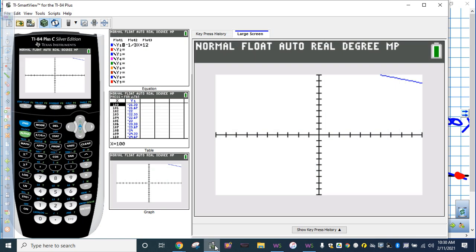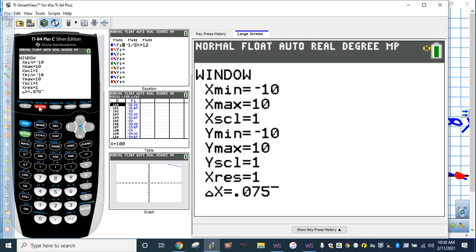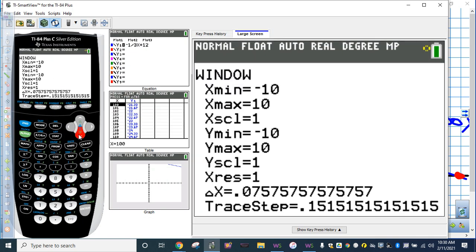So I'm going to change my window. I want to make my Y max a little bigger so I can see that top line. And then I'm going to make my X max bigger than 36, so let's just say 40. So I did 40 for X max, 12 for Y max, and left everything else the same.